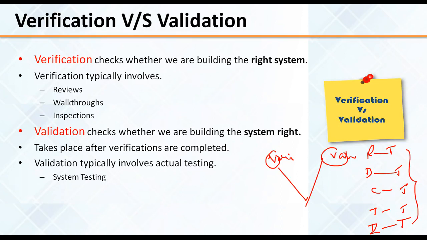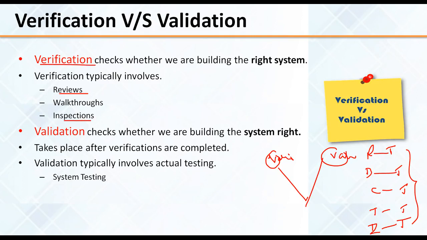System is nothing but the software. We haven't yet developed the software, but we have documents in our hand. So before developing the software, we check our documents in the form of reviews, walkthroughs and inspections. That comes under the verification part.